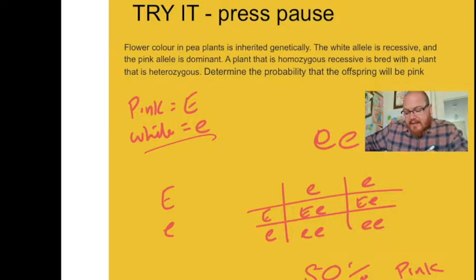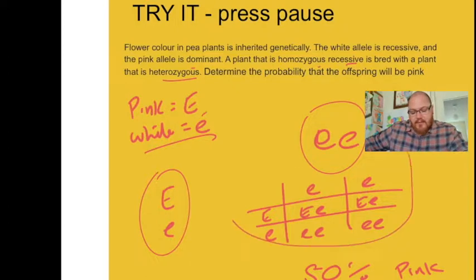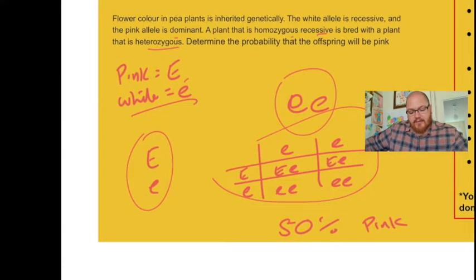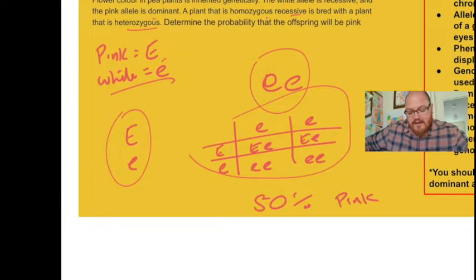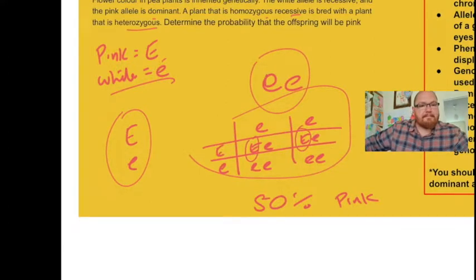And then the pink is dominant, so I've said capital E there. I've got a homozygous recessive there, so the same recessive crossed with a heterozygous. And then I've put that into a Punnett square, and I've come out with a 50% chance that it's going to be pink, because I've got two capital letters there.